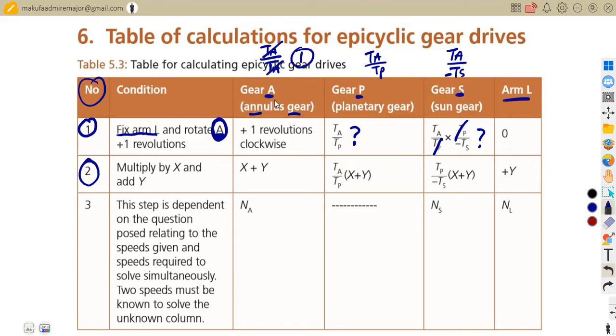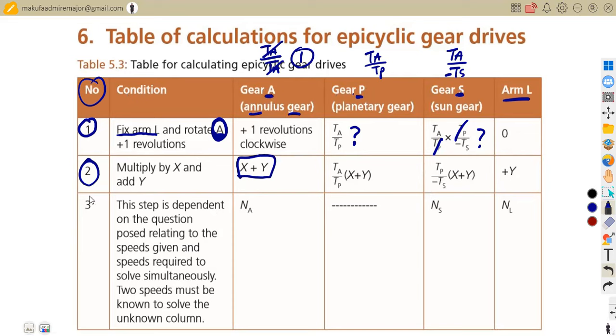So everything is A: TA over TA, TA over TP, TA over TS. That's how we're going to end up as we go. Whatever you get here, you multiply by X, you add Y, and so on.